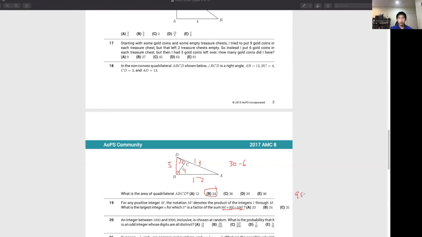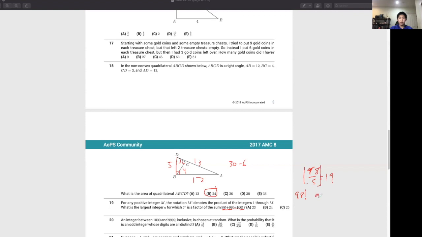98 factorial. How many of the numbers less than it are divisible by 5? Well, that's 98 divided by 5 rounded down. So this is equal to 19 if we're going to round it down.